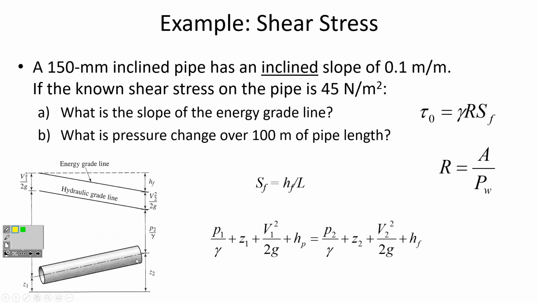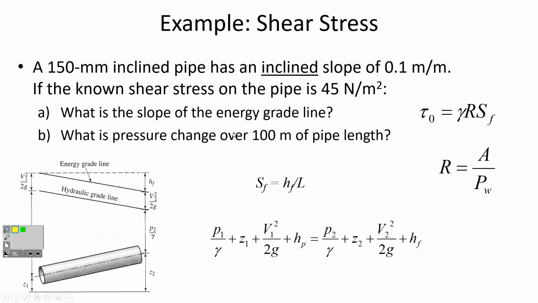So here we have an upward inclined pipe, and we know this physical slope of the pipe is 0.1 meters of vertical for each 1 meter of horizontal. The shear stress is known to be 45 newtons per meter squared. And so we want to calculate from that the slope of the energy grade line, S sub F, and then how much would the pressure change in a 100-meter pipe.